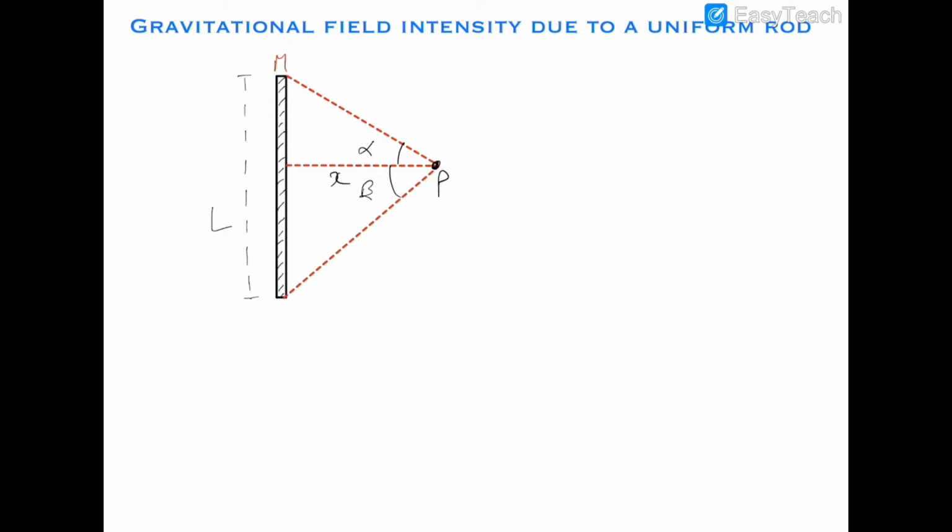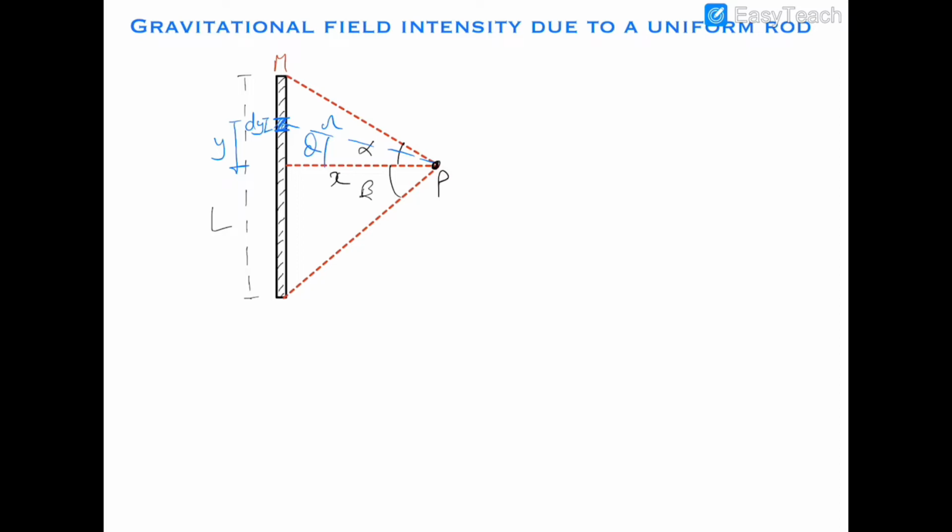First of all, to apply Newton's law of gravitation, we have to assume an element. So let us assume an element of width dy, and this is y. Let us connect it with this point P. Now let us assume that the distance of the element from point P is r, and this angle is theta.